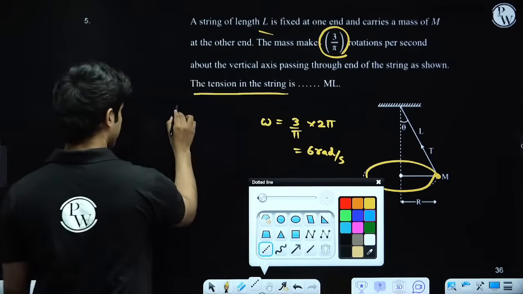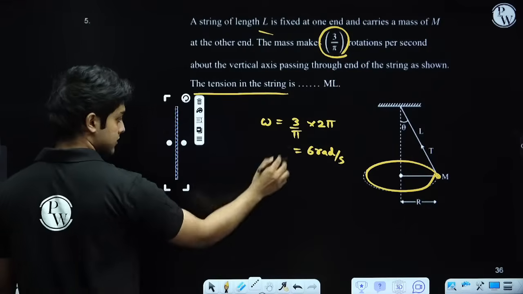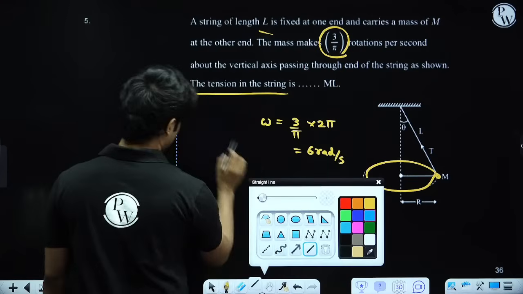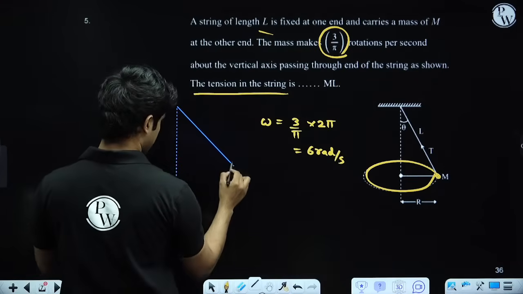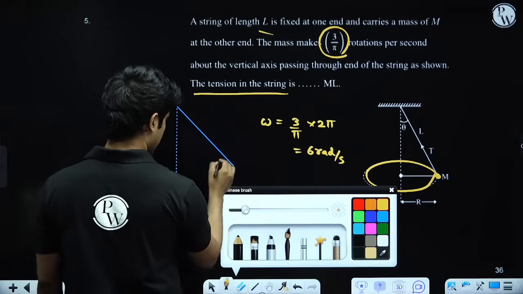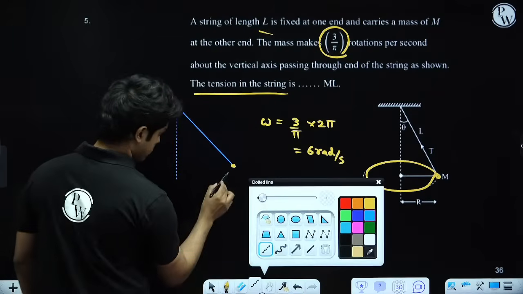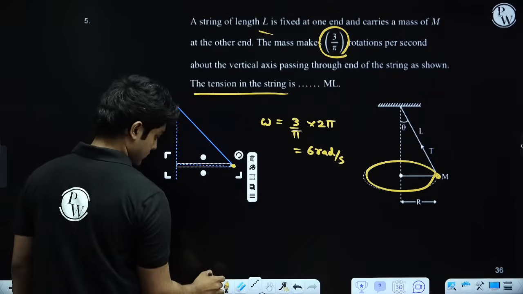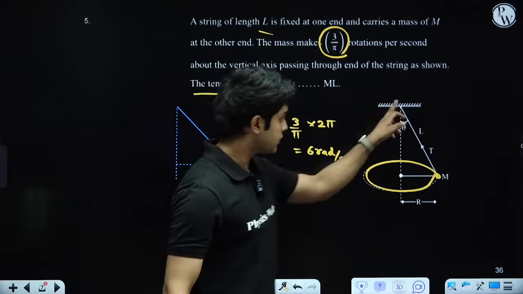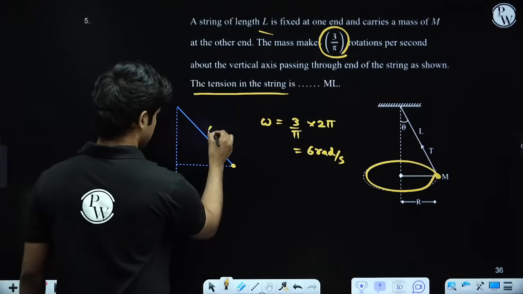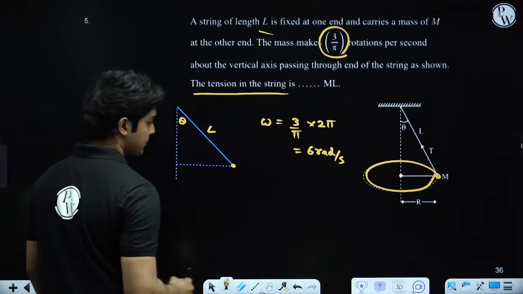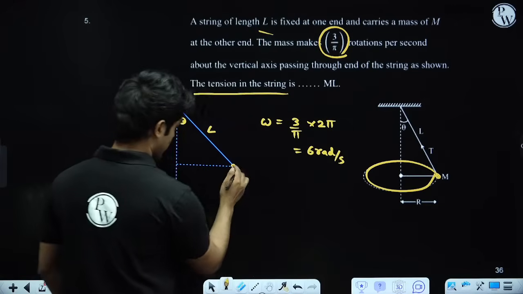We'll draw the side view. So this is, let's say, that axis, and this is going to be the string, and here we have the mass. So the length of the string is given to be capital L. This angle is theta, and this mass has a velocity, right?